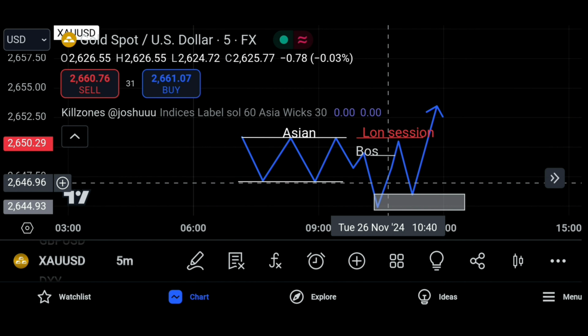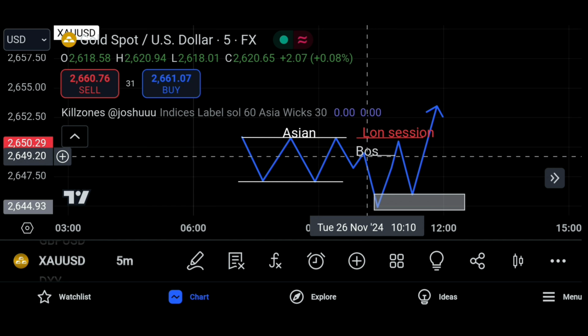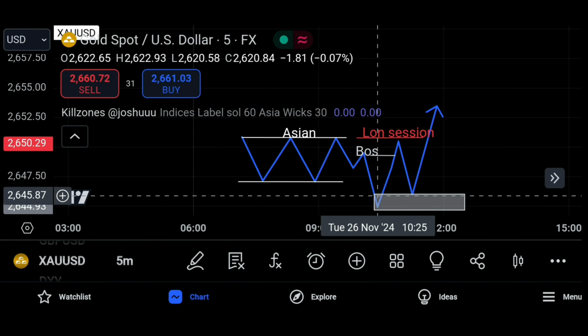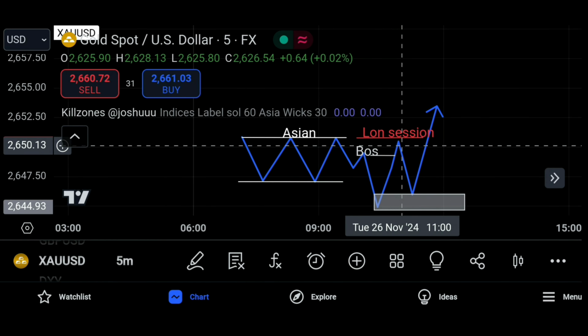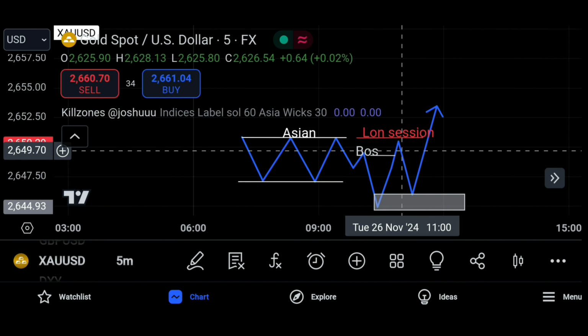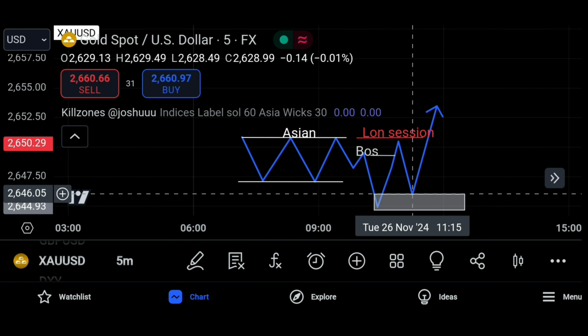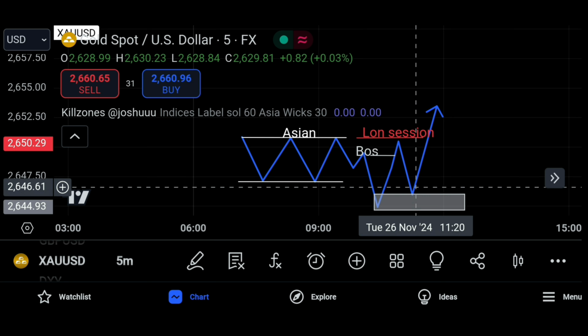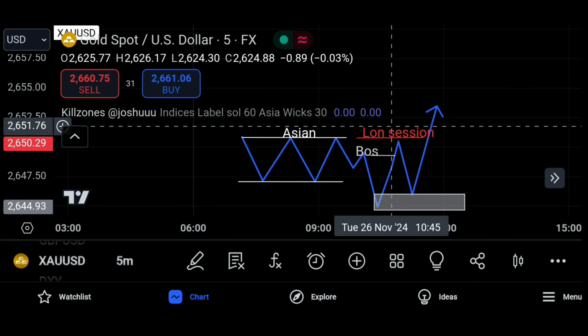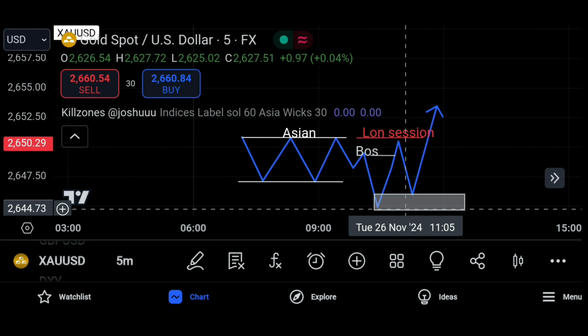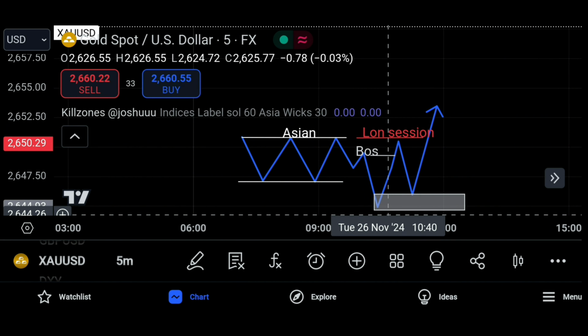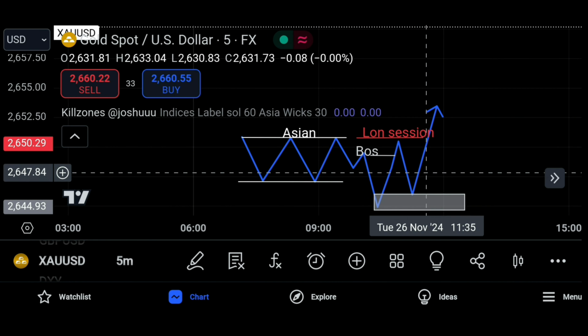Once the market goes back up and breaks that supply, you take note of the demand that was created down here, and then you wait patiently for the market to come back down, and once it gets to that demand, that will be the entry. For targets, you'll be targeting the Asian highs. Your SL will be below the demand low.